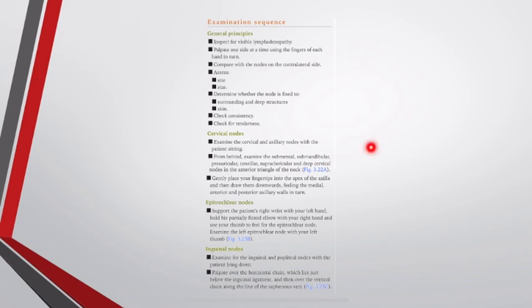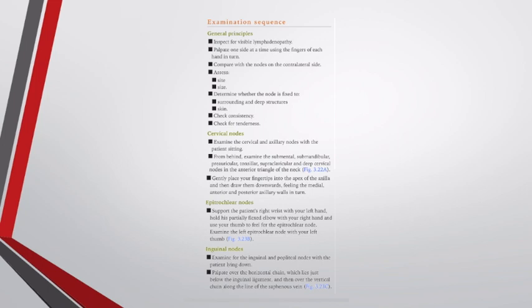Again, it's a diagram from McLeod's, so you can look it up in McLeod's and study it from there. It might be easier to read and see in the book than it is on a slide. But nonetheless, the general principles are similar to what we just discussed for any mass. So again, these are a specific case of a mass, and there are a few particulars about the examination.